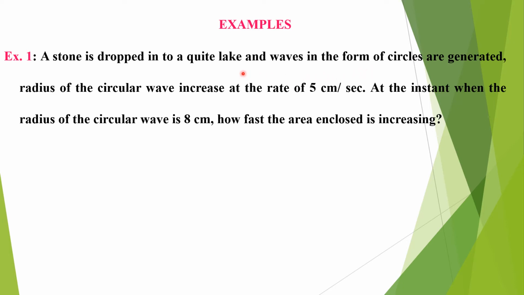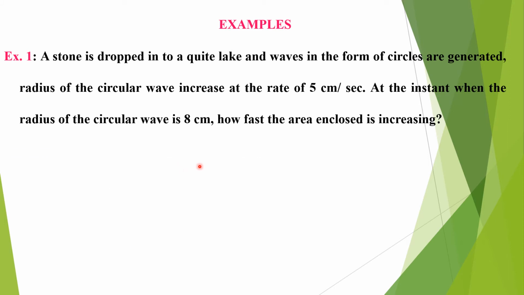As time goes on, the circles increase in size, and so does the radius. We are given that the radius of the circular wave increases at the rate of 5 cm per second, that is dr by dt is 5 cm per second. At the instant when the radius is 8 cm, we have to find how fast the area enclosed is increasing, that is, find dA by dt.